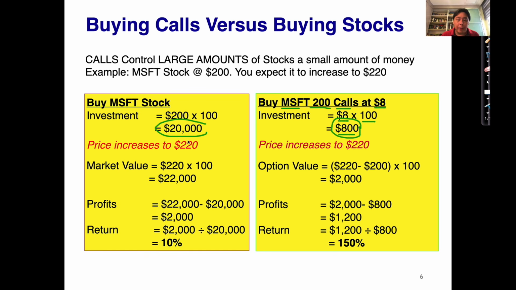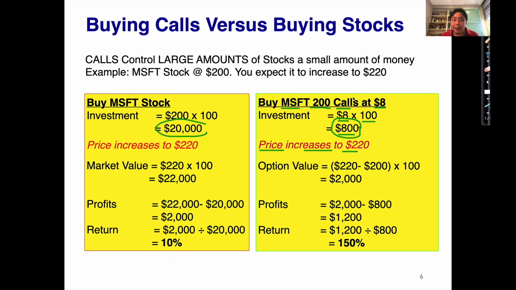And in the second scenario, let's imagine Microsoft increases to $220 as well. So what are the options now worth? Again, remember, the option gives you the right to buy the shares at $200, but now it's selling at $220, which means you could buy the shares at $200 and sell it at $220, giving you a profit of $20 per share.